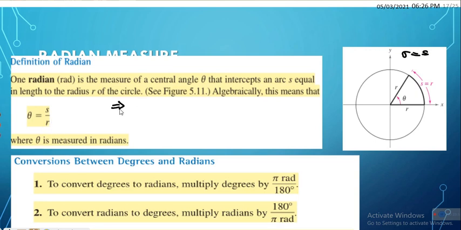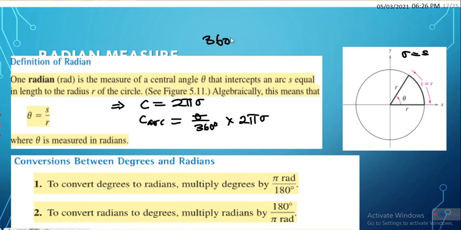And how do we come about this formula? You know that the circumference of a circle is 2 pi r, and the length of an arc equals theta over 360 times 2 pi r. In radian measure, 180 equals pi and 360 equals 2 pi.